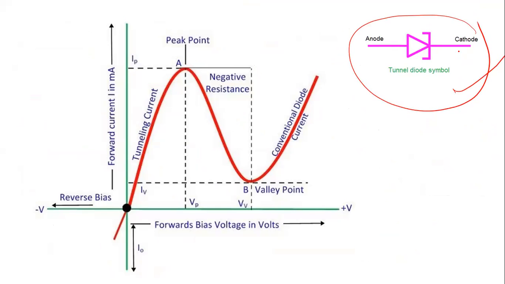In this tunnel diode, you have a tunneling current that rises like this up to this point, and then there is a negative resistance region, and then the conventional PN junction diode characteristic. Beyond this voltage, it follows the conventional diode curve. But interestingly, below this voltage, the tunnel diode can have a current across the PN junction due to quantum mechanical tunneling.